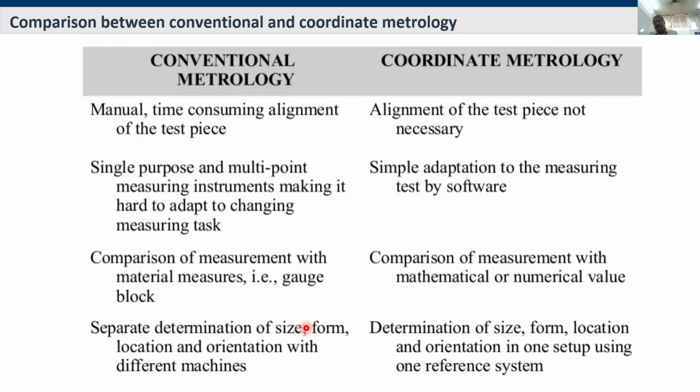Then it tells you what the size is, what the form is, what location it is at, and what kind of orientation. All will be provided by the coordinate metrology machine. Though the investment is higher compared with conventional metrology, at the outset you will get better outputs and better data from coordinate metrology.